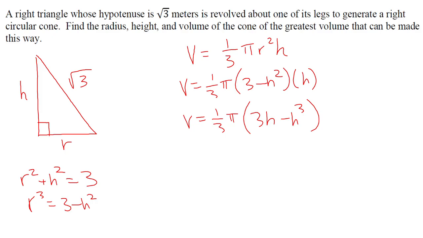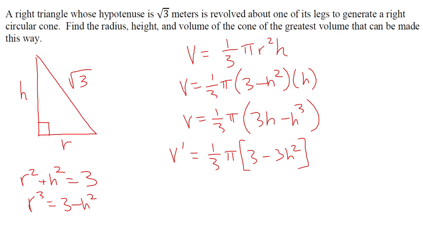And we should then be able to take our derivative here, remembering that it's not dV/dt, which is V prime. We're looking for a max, so this is an optimization problem. So V prime here is going to equal that constant, 1/3 pi, times 3 minus 3h squared.